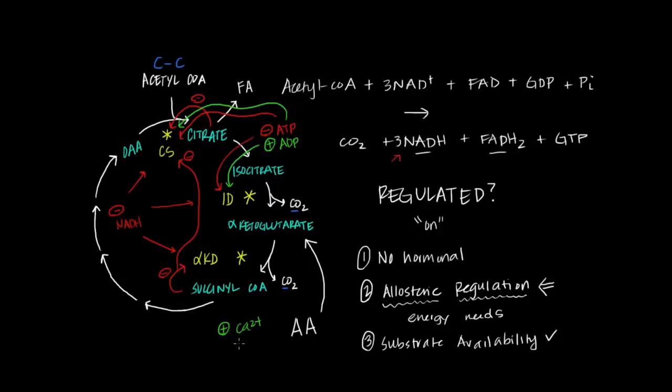So this is a way for the body, especially in skeletal muscles, to couple muscle contraction with producing more ATP to meet the needs of those contracting muscles. And again, this is experimental evidence, but calcium has been shown to allosterically activate isocitrate dehydrogenase as well as alpha-ketoglutarate dehydrogenase.